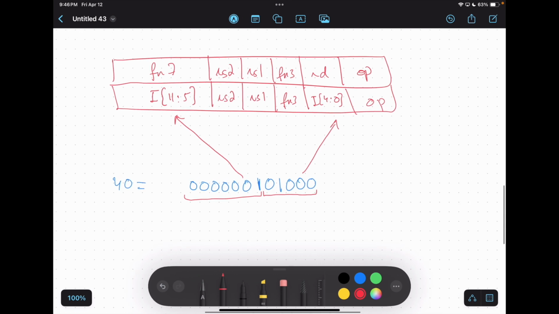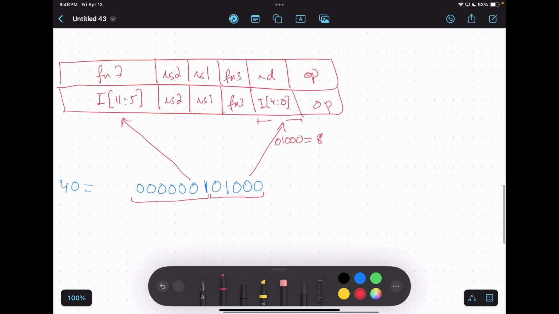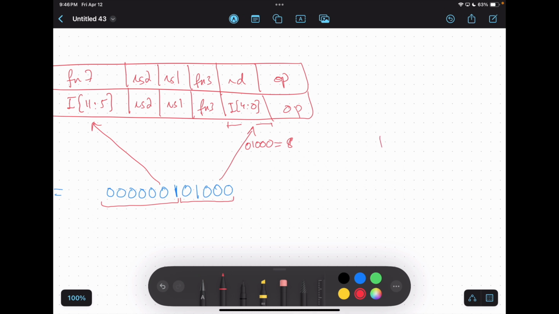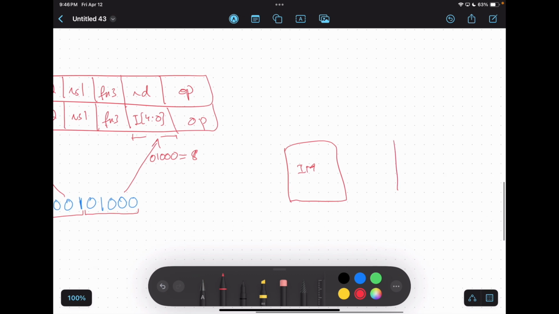Now in the processor diagram, what is this value equivalent to? If this value is stored here, it is 0, 1, 0, 0, 0, which is equivalent to 8, right? If you look at the processor diagram when the instruction is decoded, this is instruction memory, and what we have is the register file.